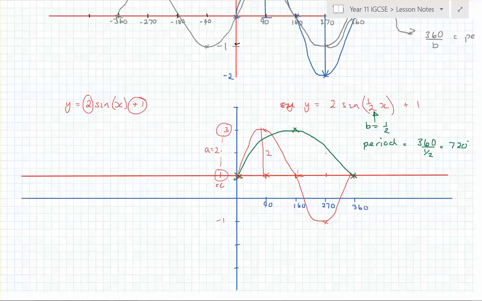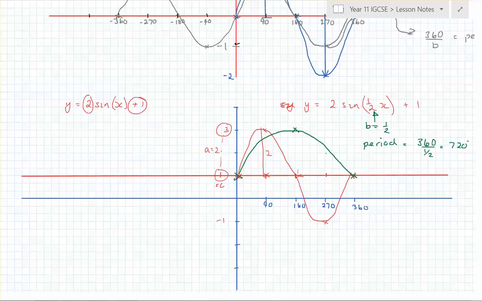Right, in the last minute, these rules for A, B and C, the coefficients of the circular function, always apply. It's always 360 degrees divided by B, right?